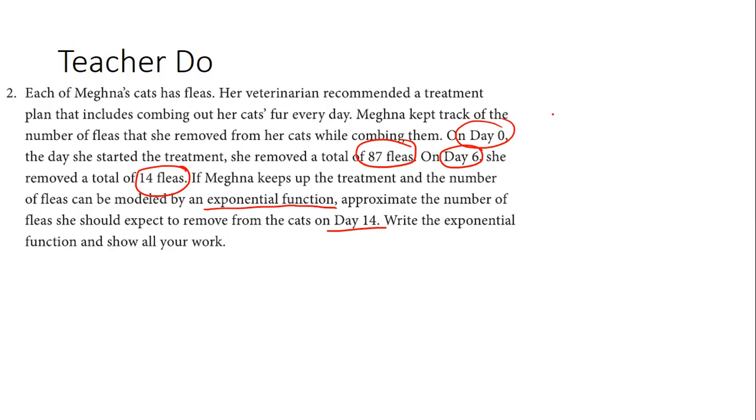So I'm going to help you set up the table, but then I want you to look at our example 2 and go from there, okay? On our table, we have 0 and 87, and we have 6 and 14. So from our table, because we have 0, we know that our a equals what? 87.